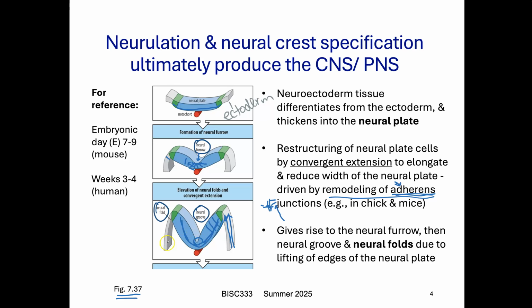And so this leads to this kind of uprising. It looks like little waves on the surface of the neural folds, the lifting of the edges. And that's pressure probably from both sides that leads to that.